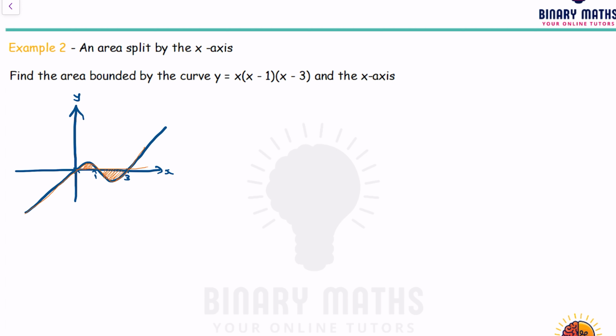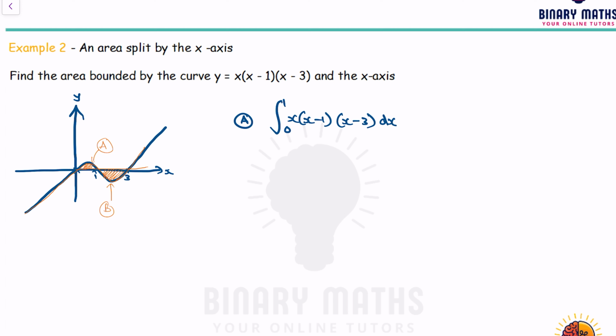Now one of them is above, so let's call this A, above the x-axis, and one of them is below the x-axis. Because it's two separate parts, we need to integrate it separately and then add it together. So when I'm working out A, what I'm integrating between 1 and 0 is x times x minus 1 times x minus 3 all dx.